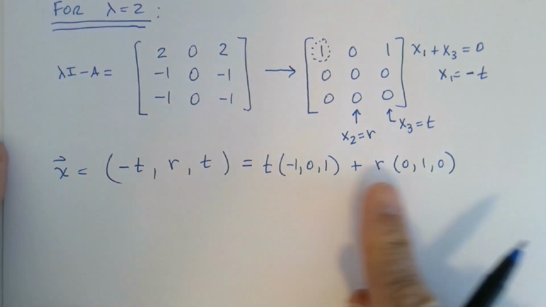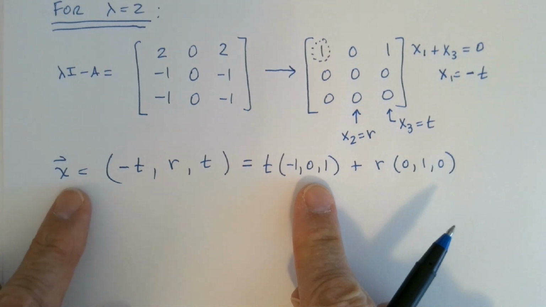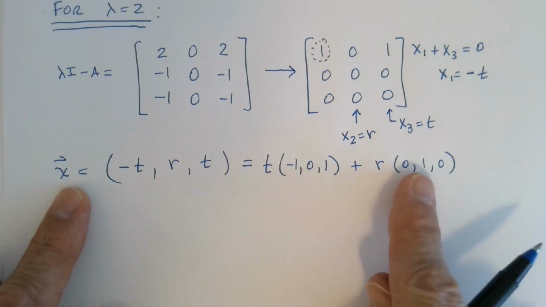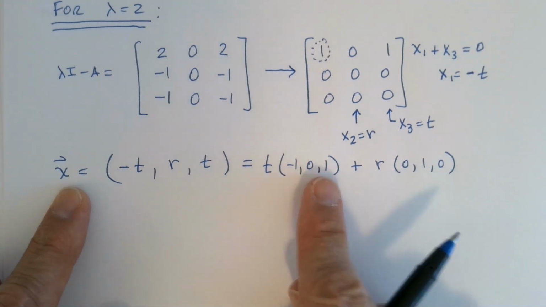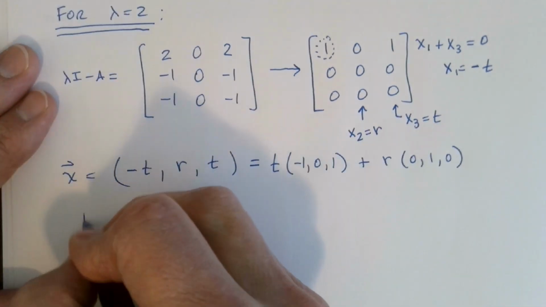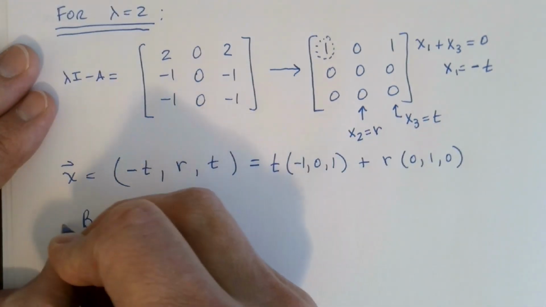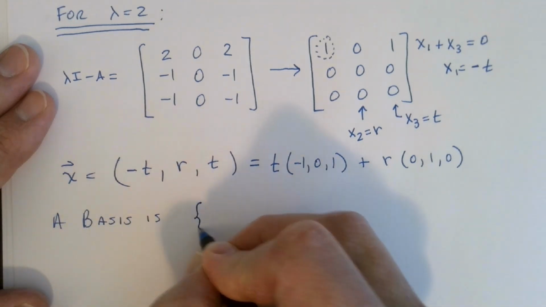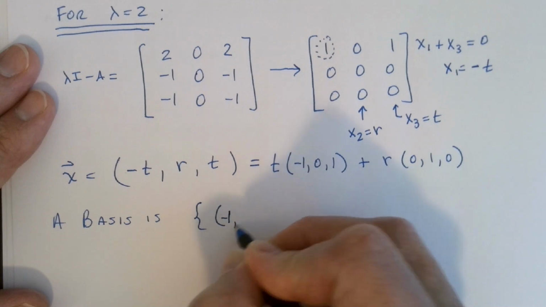Hopefully everyone understands again what I've done here, but now every vector in my eigenspace can be written as a linear combination of these two vectors. Therefore, these two vectors span the space, and they're clearly linearly independent. And so the basis is the set of these two vectors.